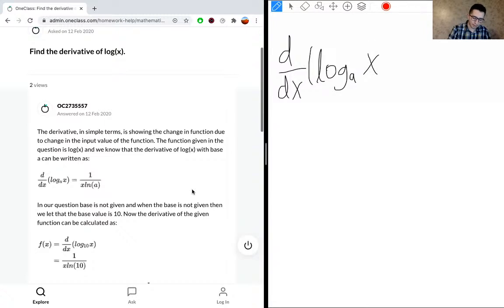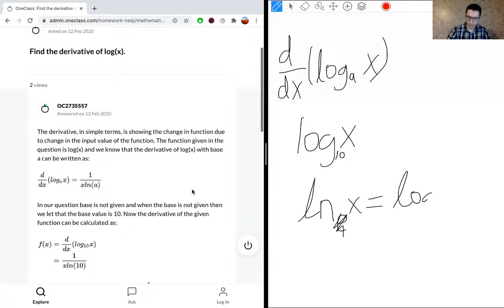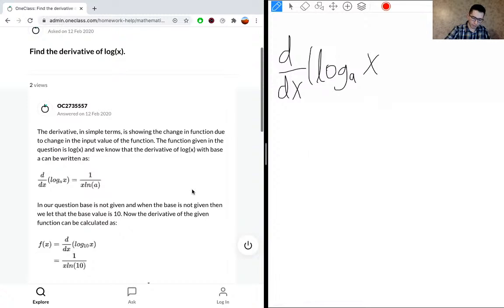Usually if you say log x, you're assuming it's log base 10 of x. Similarly, ln x is essentially just log base e of x. So same idea here. We'll just put in the variable a. Knowing this, the derivative of log base a of x is 1 over x ln a.